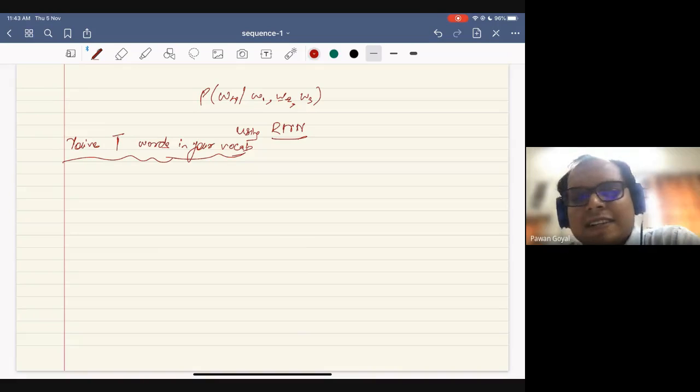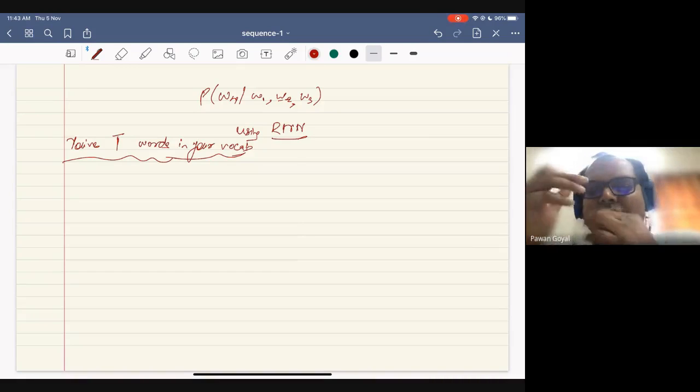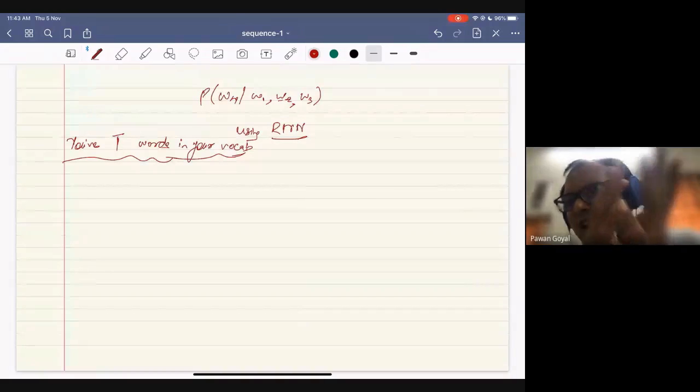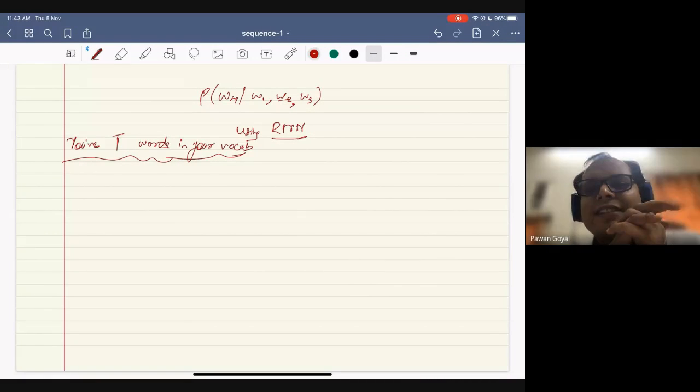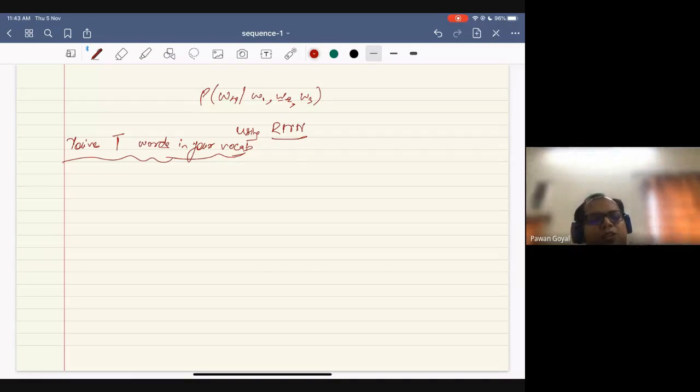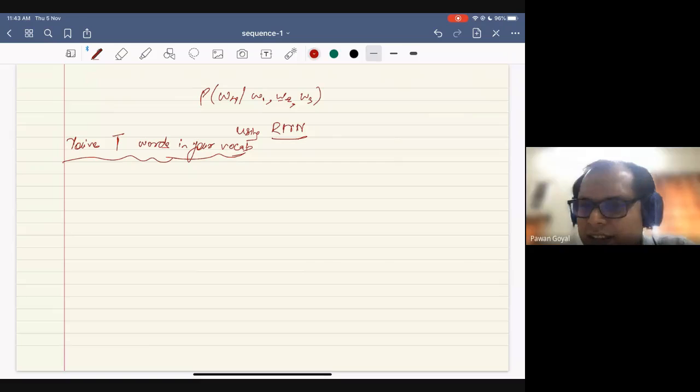So anybody can tell me how would you use an RNN? It may be wrong, doesn't matter, but some idea. How would I use an RNN for doing this task? Predict the next word given the previous words in a sequence.